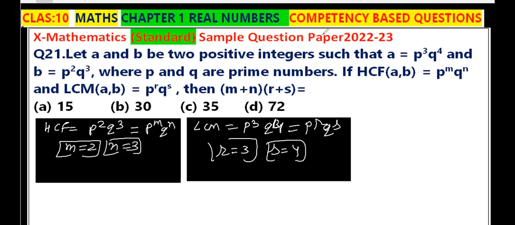लेफ्ट हैंड साइड और राइट हैंड साइड हमें कंपेयर करना चाहिए. P पावर 3 है, P पावर R है. In place of R we can write 3, Q power 4, Q power S. So in place of S we can write 4.